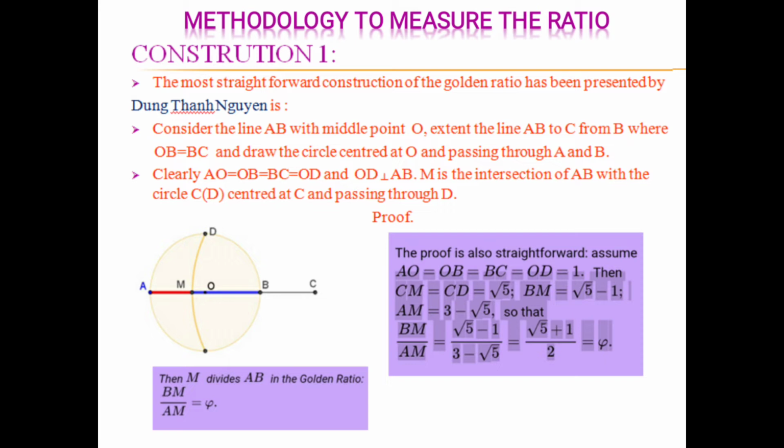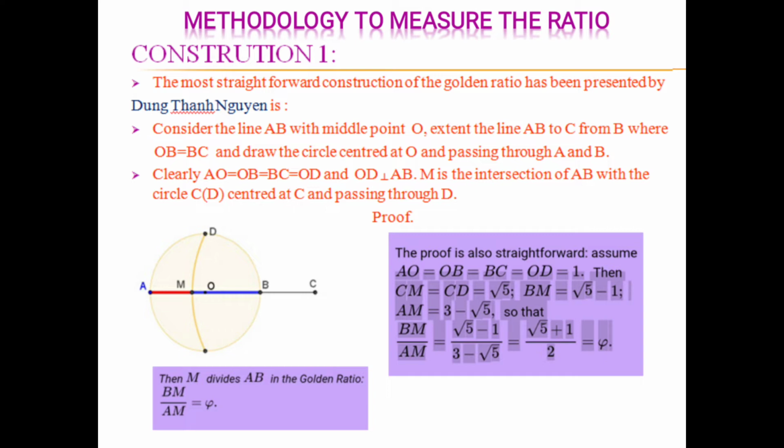Consider the line AB with the midpoint O. Extend the line AB to C from B where OB and BC are equal, and draw the circle centered at O and passing through A and B. Clearly AO, OB, BC, OD are equal. Also OD is perpendicular to AB.